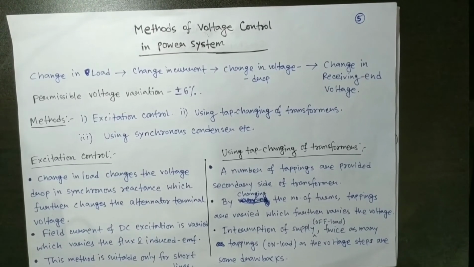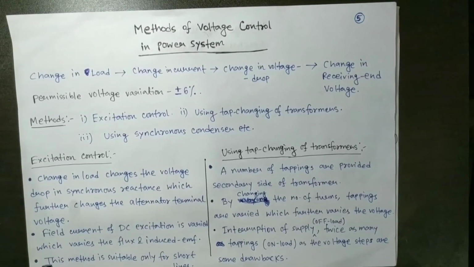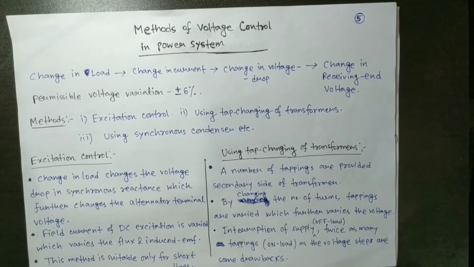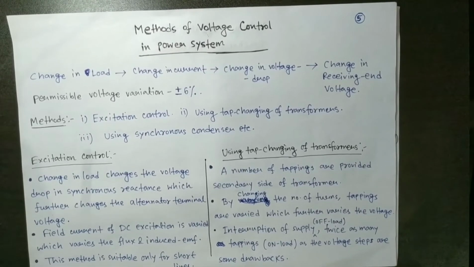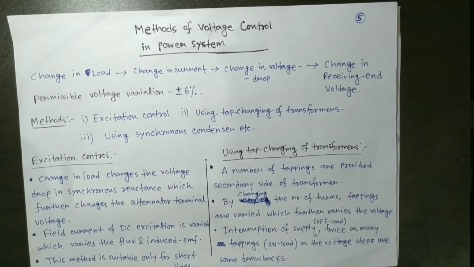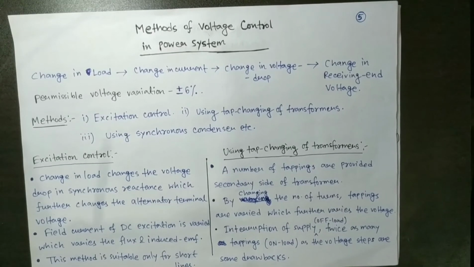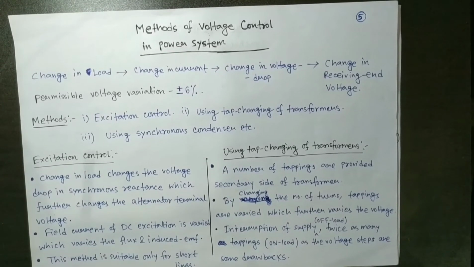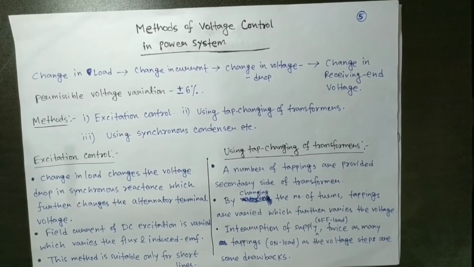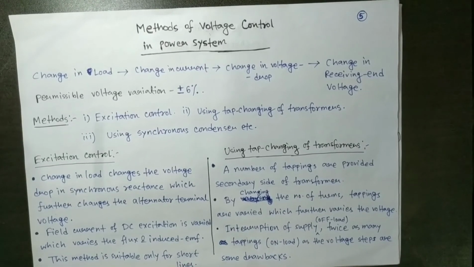That is why it becomes very tough to perform the voltage regulation using this control technique when it comes to long transmission lines. But in a short transmission line it is okay, because due to a lesser amount of voltage drop in the transmission line, it becomes easier for the authority to maintain a constant voltage at the receiving end side by just varying the DC excitation.